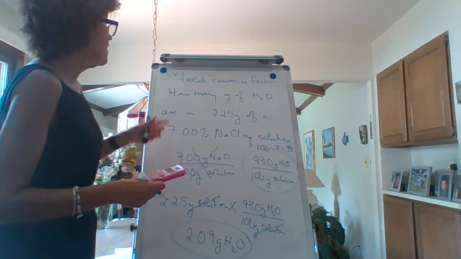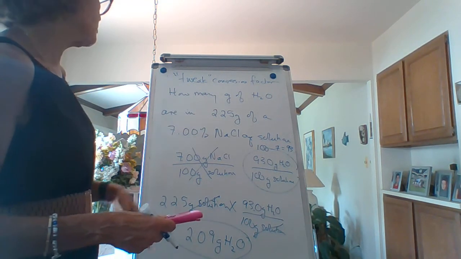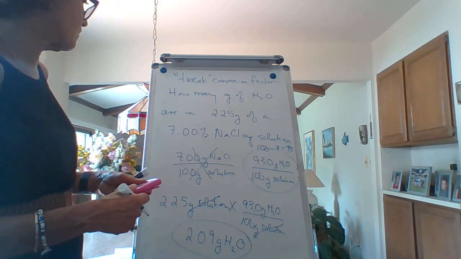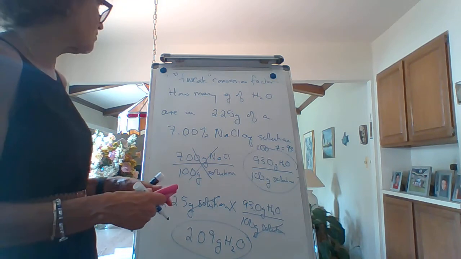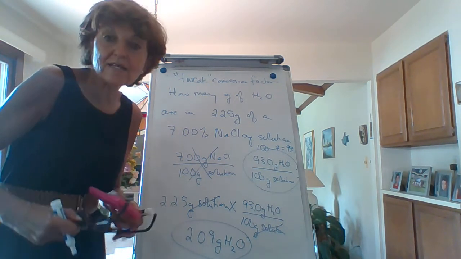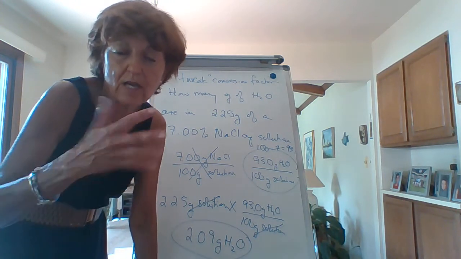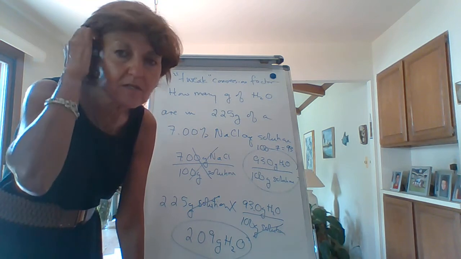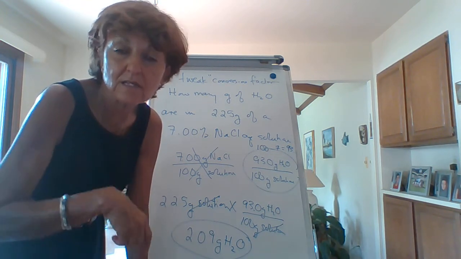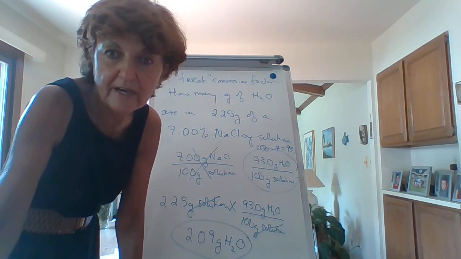Okay, so when they ask how many grams of water are in 225 grams of a 7% sodium chloride aqueous solution, you have 209 grams of water. Okay, and that's how you use percent as a conversion factor. I gave you 3 different examples. Hopefully this will be enough. Normally I might give more, but I think in the next video we'll switch over to using molarity as a conversion factor. Okay.